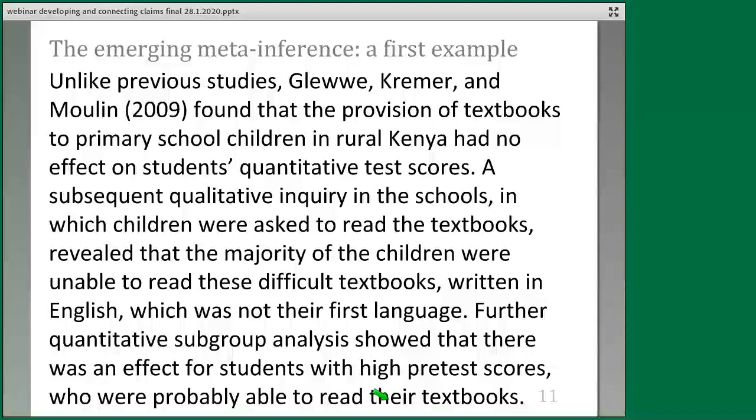And when they then did a subsequent qualitative inquiry in the schools, they asked children to read their textbooks, and that showed that the majority of the children were unable to read these difficult textbooks because they were written in English, which was not their first language. And further quantitative subgroup analysis showed that there was an effect for some students, namely students with high pretest scores, most probably because they were able to read their textbooks. Now, this is a description, yes?